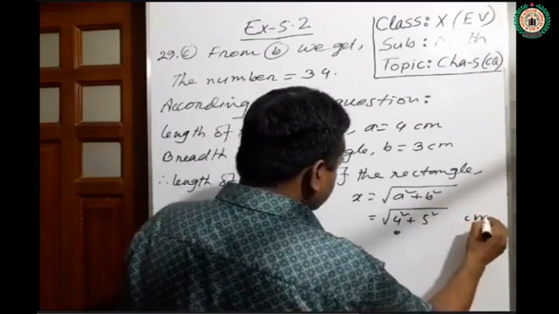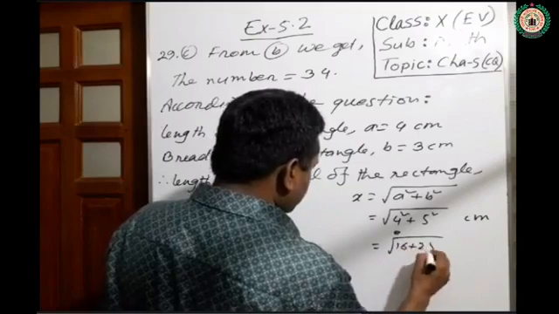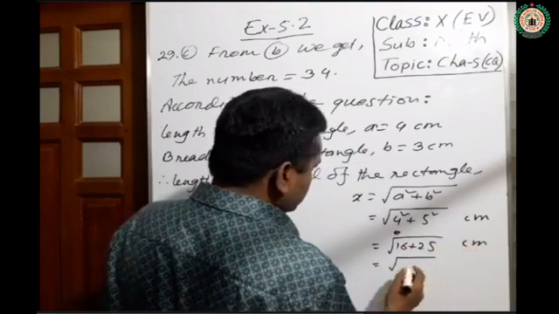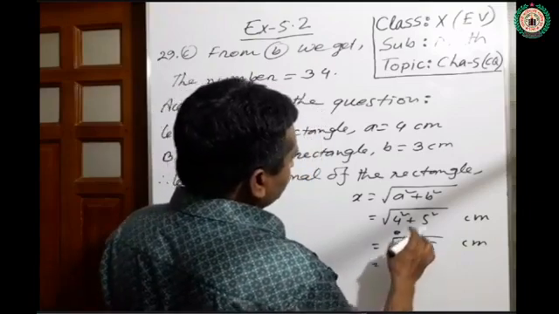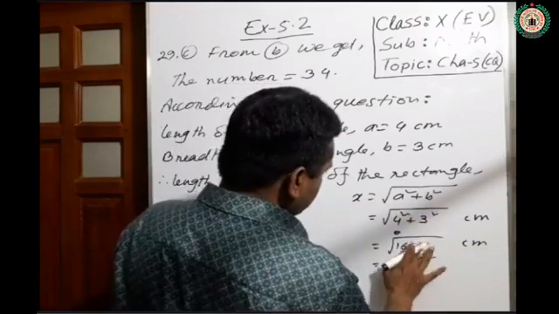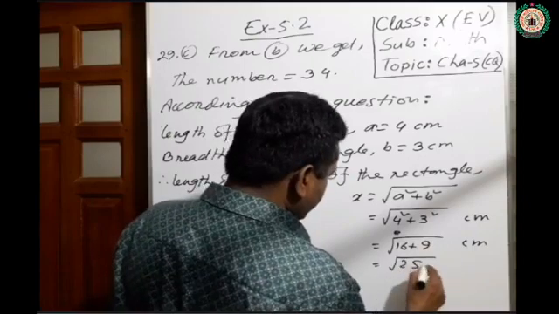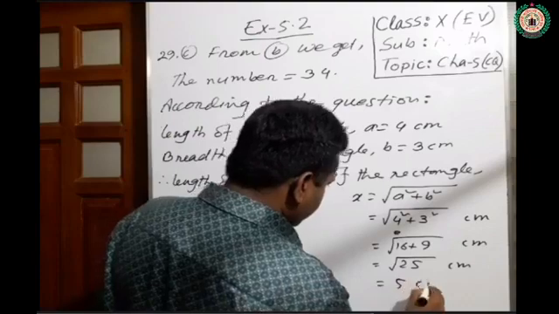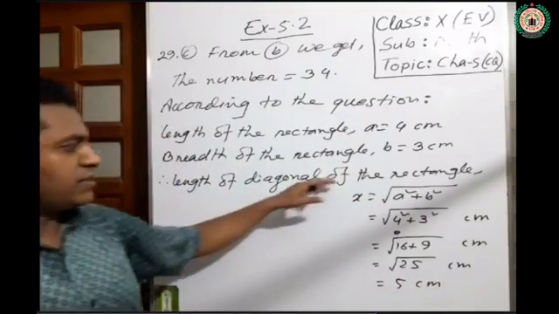This is in centimeters. 16 plus 25 centimeter. Sorry, B is the 3 here. So 16 plus 9 and this is 25 centimeter equal to 5 centimeter. 5 centimeter is the length of diagonal of the rectangle.